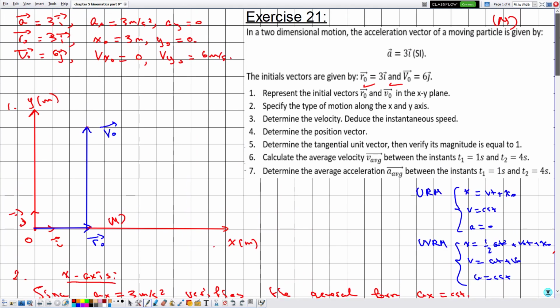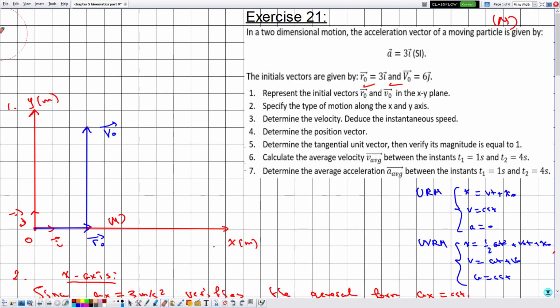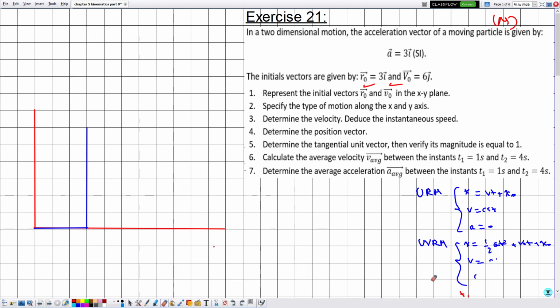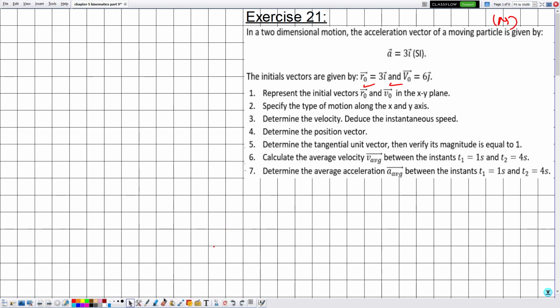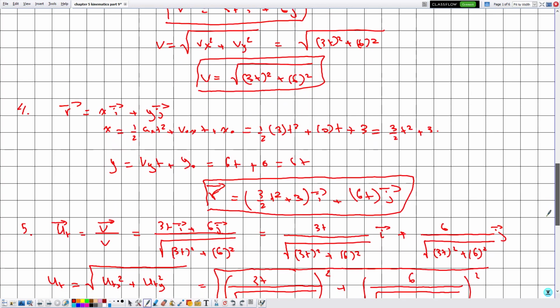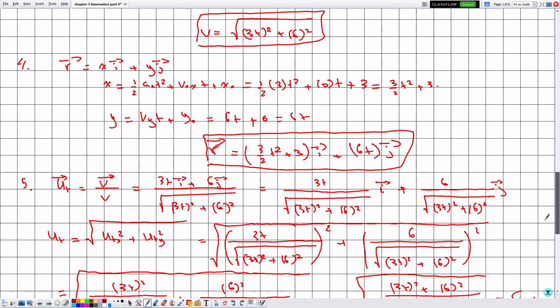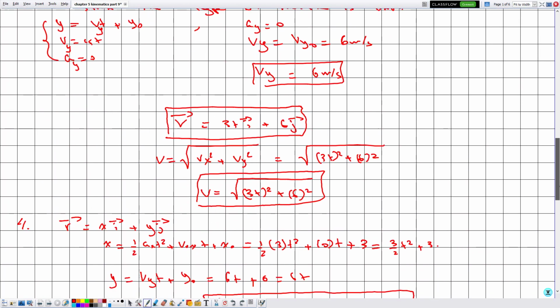Now part 5, let me do it here. And let me write the value of the position vector, which is given by 3 over 2 t squared.